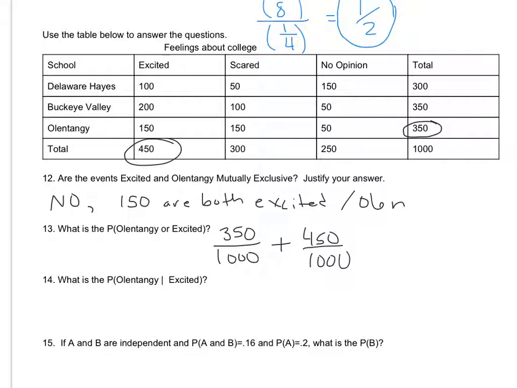But the problem is I've now counted these 150 people twice, so I have to subtract those out. So 350 plus 450 minus 150 is going to be 650. So this will be 650 out of 1,000, or 0.65.